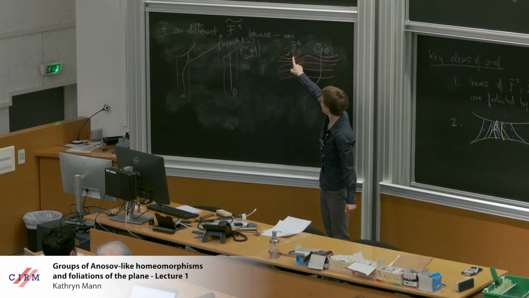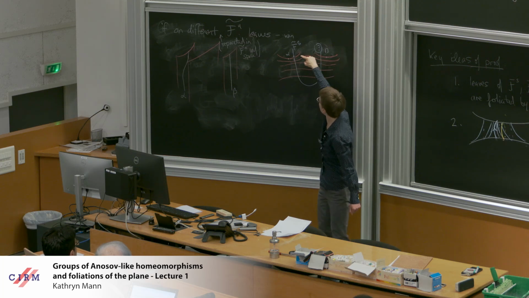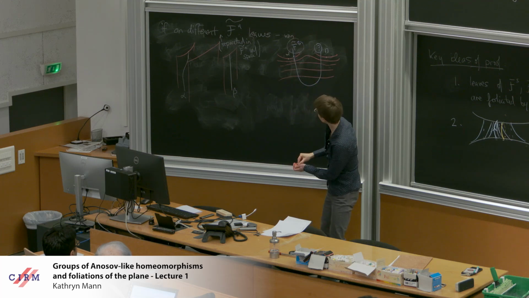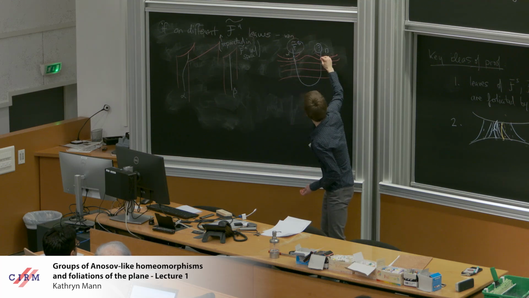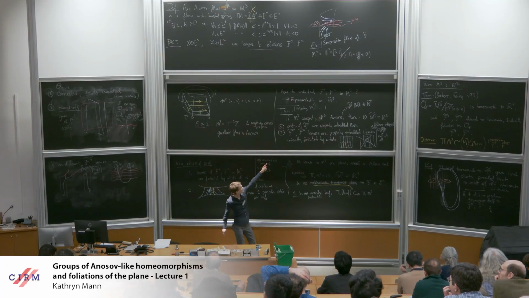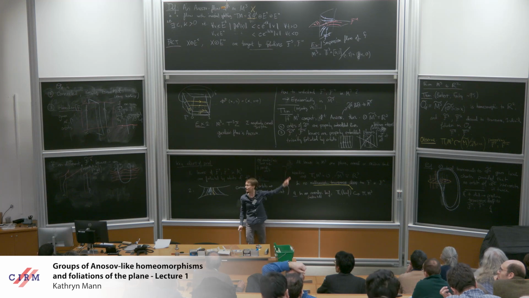If I saw a point of intersection on both of these non-separated leaves, then on one of these nearby accumulating ones, I would see a leaf of the stable foliation that intersects it twice. Right? And that's forbidden by the big theorem on the structure of these foliations in the universal cover.